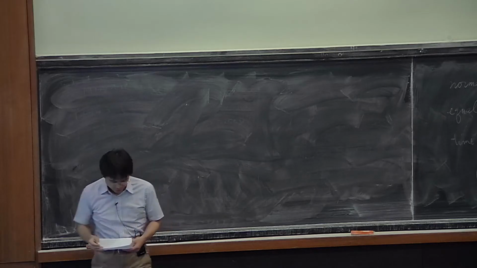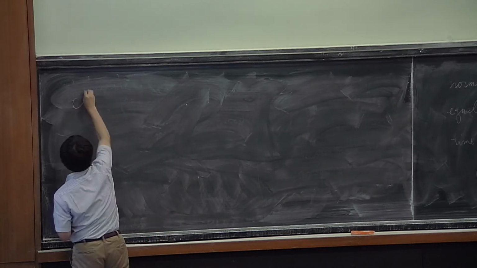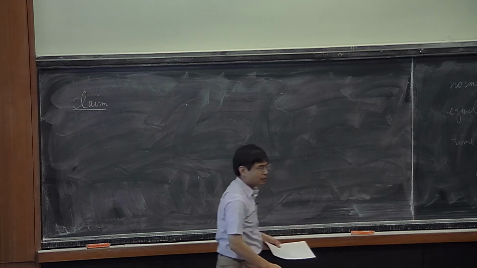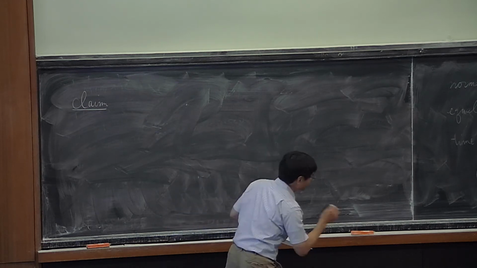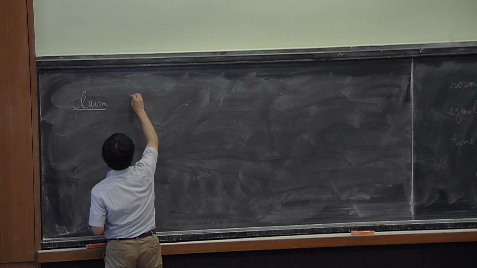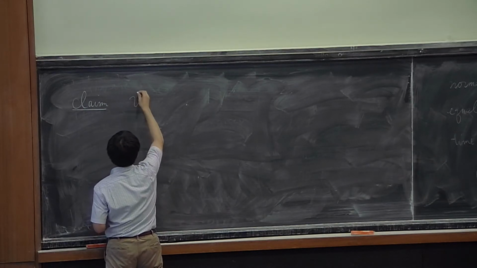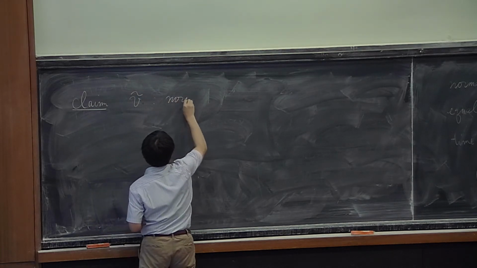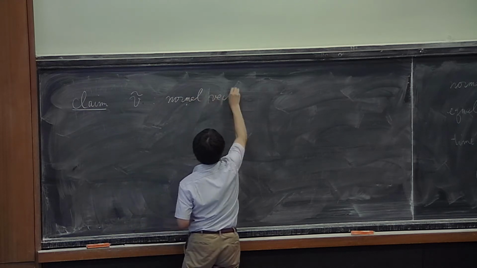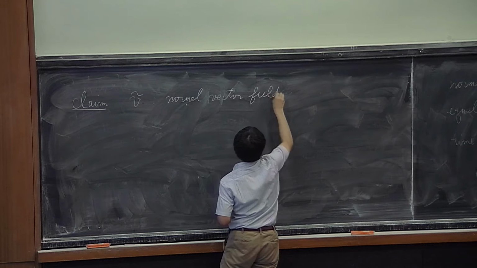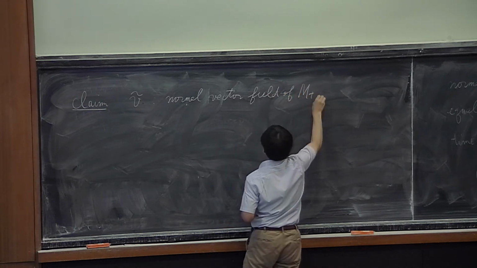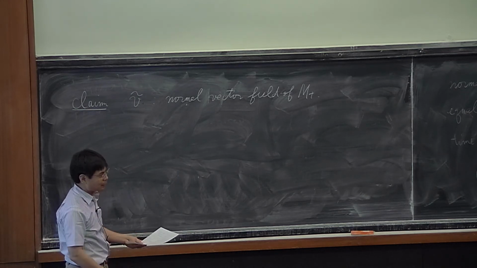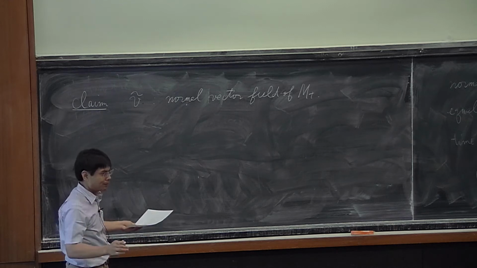Now I'd like to claim that this in fact characterizes the velocity vector, but with a slight difference. So the claim is, let's suppose that v tilde is any normal vector field of MT, not necessarily the velocity vector, but some vector field.